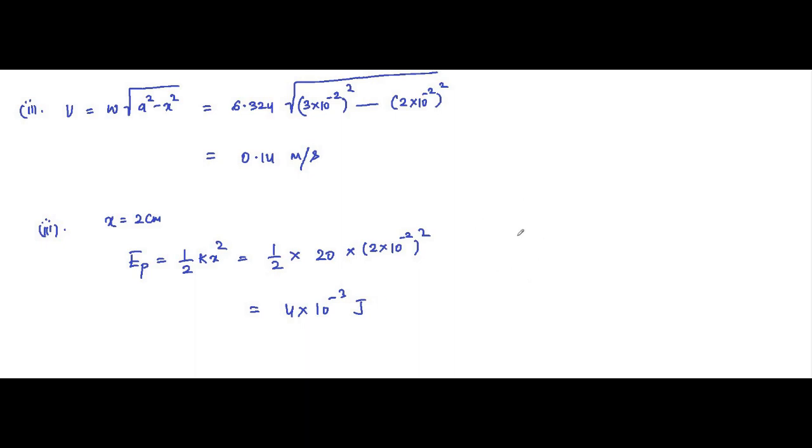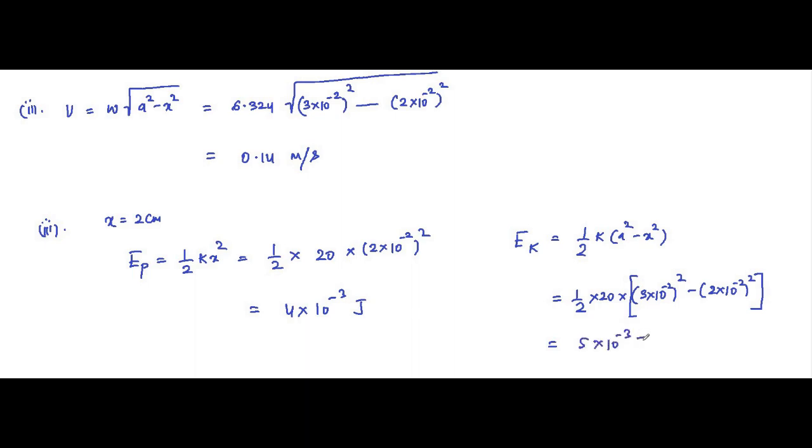Kinetic energy is equal to 1/2 k (a square minus x square), equal to 1/2 into 20 into (3 into 10 to the power minus 2, whole square, minus 2 into 10 to the power minus 2, whole square). So this is coming around 5 into 10 to the power minus 3 joule.